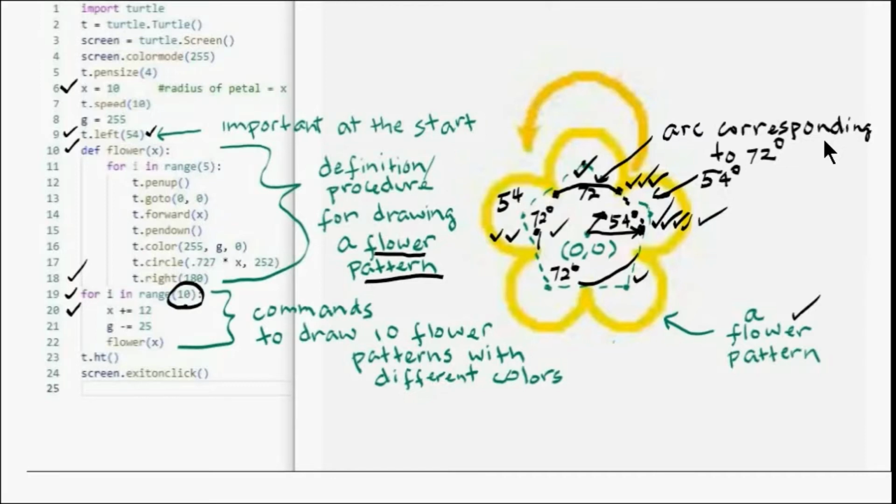So since the initial x is 10, the first x that I will use for the drawing is gonna be 10 plus 12, which is 22. Now, the G here in line number 21 corresponds to the initial 255 points in the RGB format. What I'm going to do with the green is subtract 25 from that.